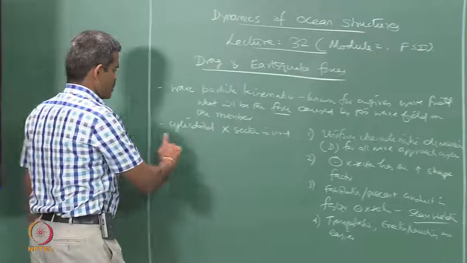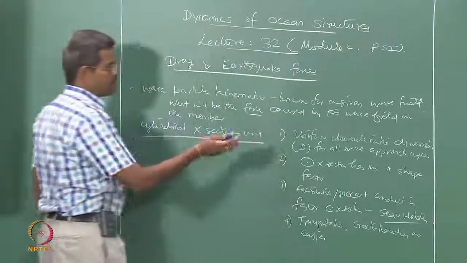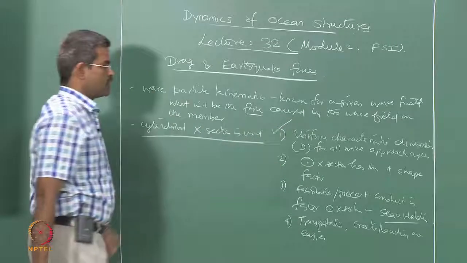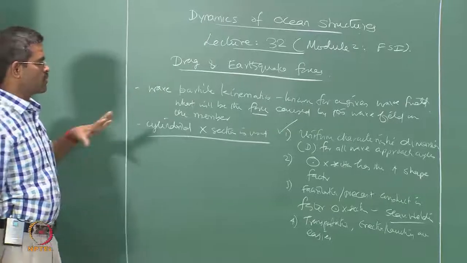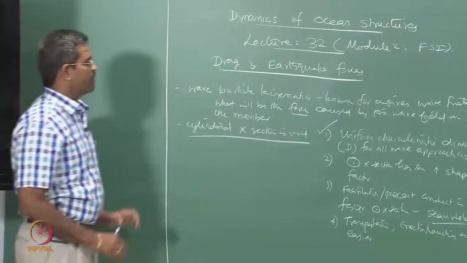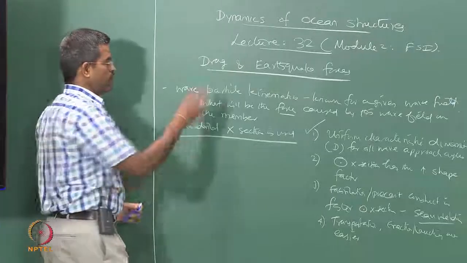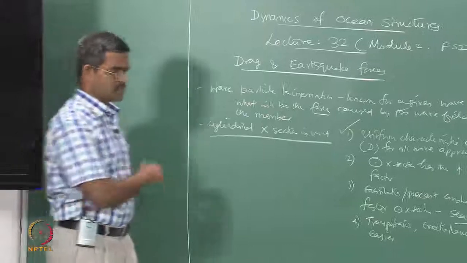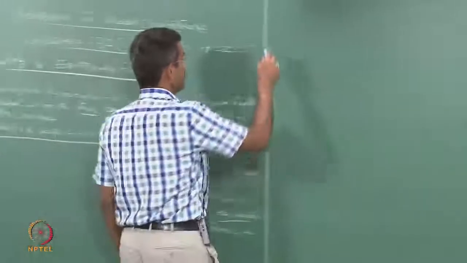So, cylindrical cross section is generally used in offshore structures because of many reasons, fundamentally this, and the remaining are ancillary reasons why they have been used. Now, one is primarily interested in the effect of the wave field on the interfering cylindrical member in terms of its forces. Therefore, the Morrison equation came into play.